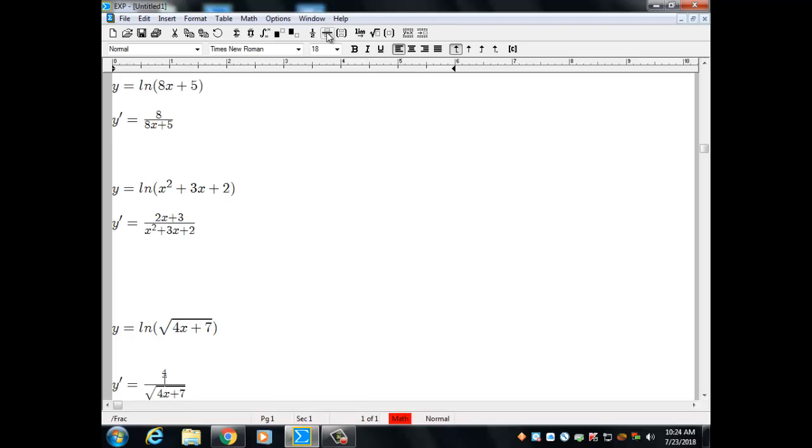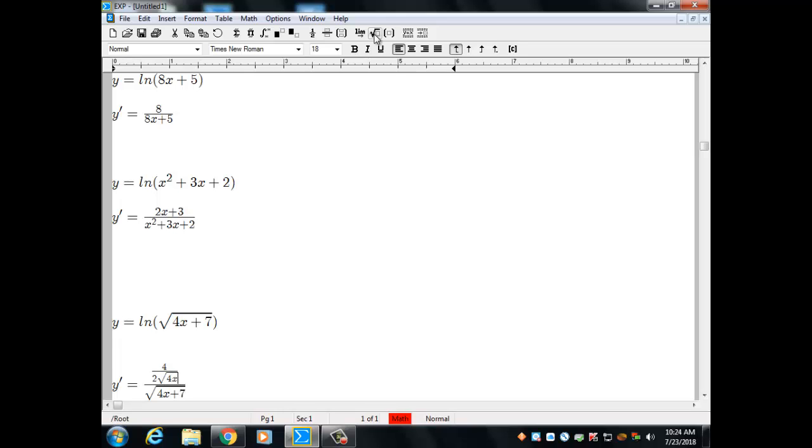You would have 4 over 2 square root 4x plus 7. That's actually the derivative of the inside. Do we agree? It's 1/2, and then the square root of 4x plus 7 is on the bottom, and the derivative of that piece is on top, right? And now that creates this kind of complex fraction situation. If you can handle that complex fraction, it actually turns out not to be so bad.